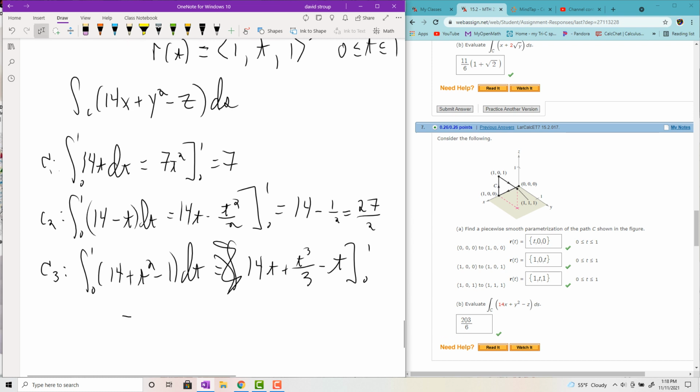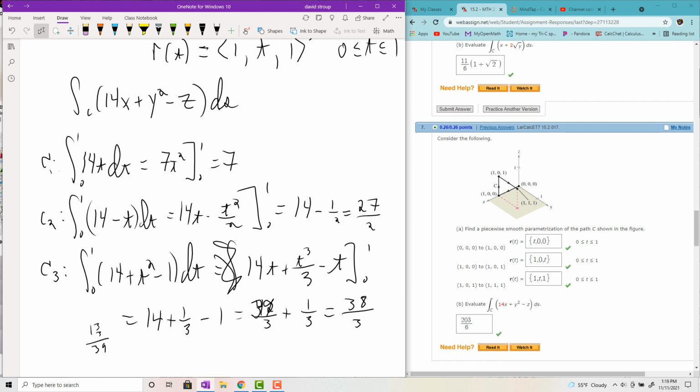And so that will be 14 plus 1/3 minus 1 is 13 plus 1/3, common denominator. You'll have, I believe, 42/3 plus 1/3, 13 times 3. Whoa. 39, Dave. 39/3, which is going to be 38/3.